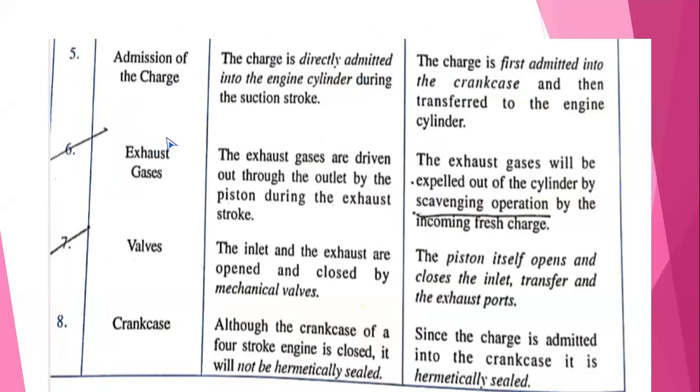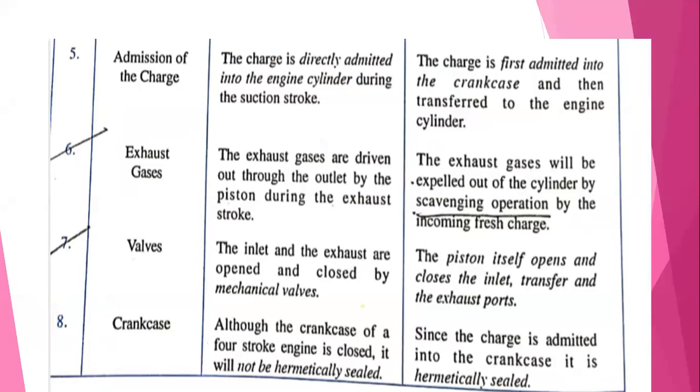Let's come to the point, the admission of charge. How do we allow the charge to fill the engine chamber? Due to the suction created by the piston movement, a vacuum is created in the engine cylinder.